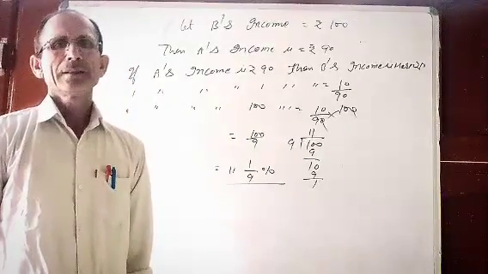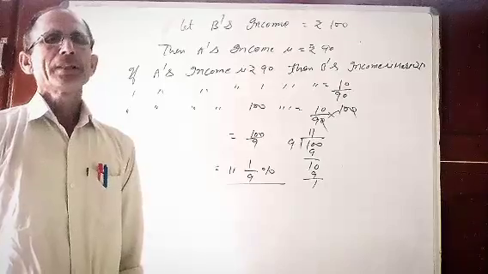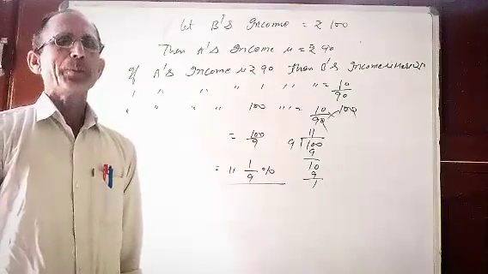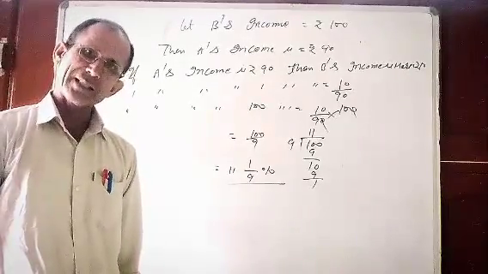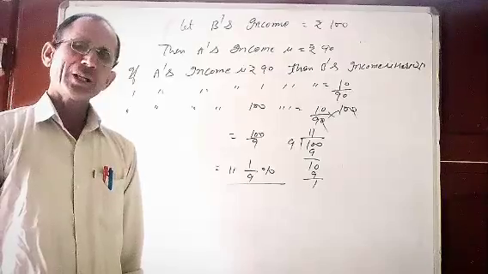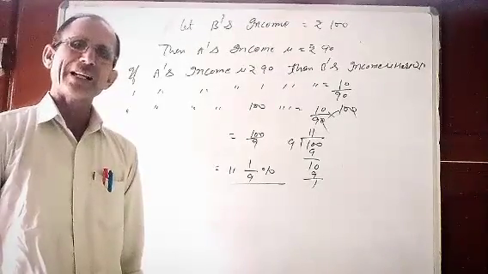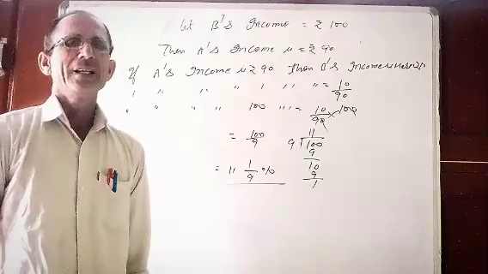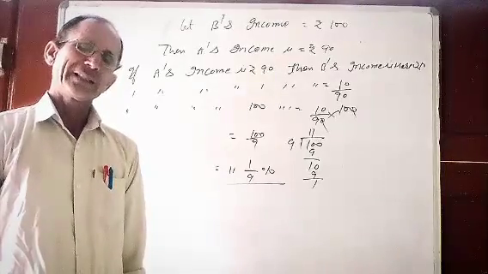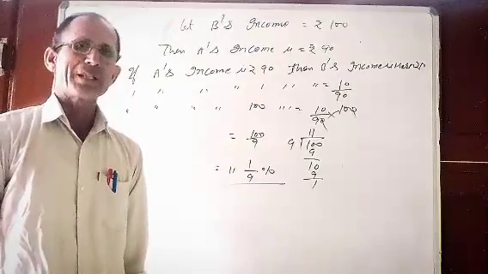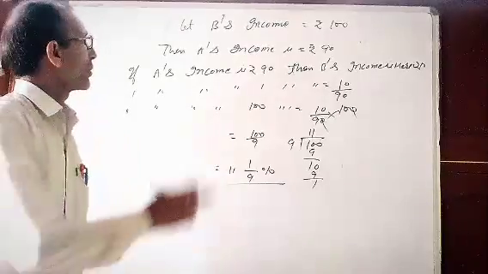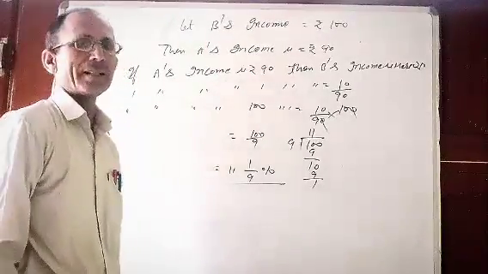Is it clear? So once again I am repeating. A's income is 10% less than B's income. So we have to find how much percentage B's income is more than A's income. Let B's income be rupees 100.